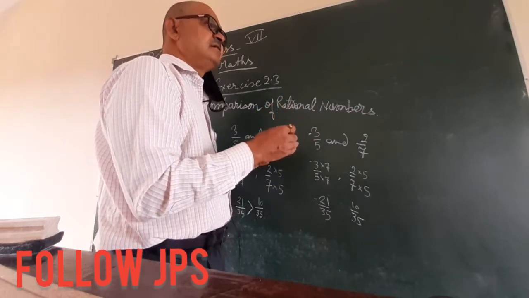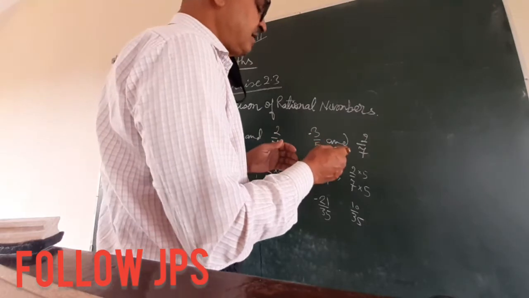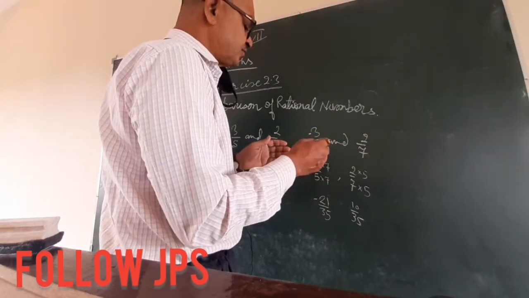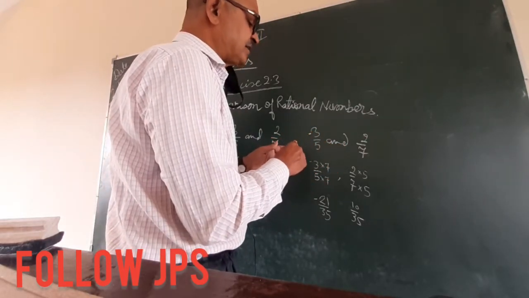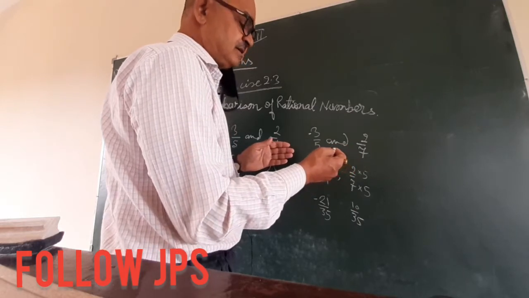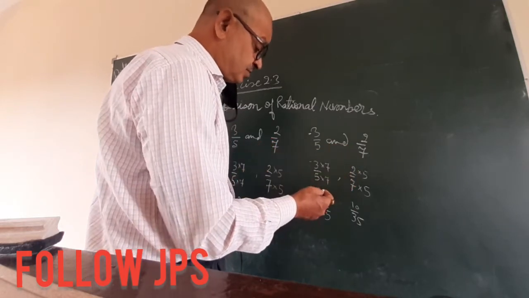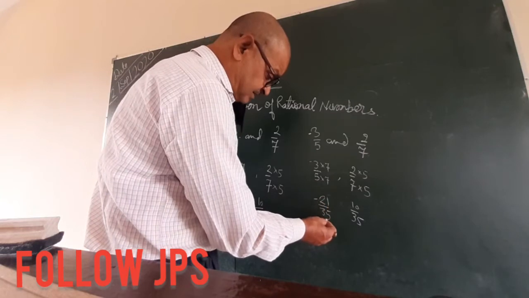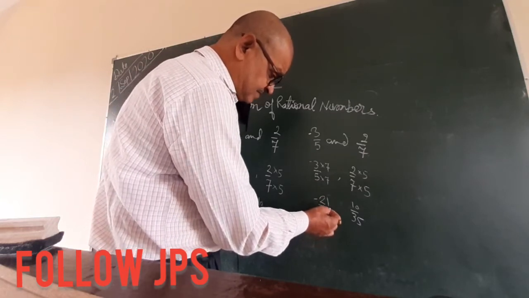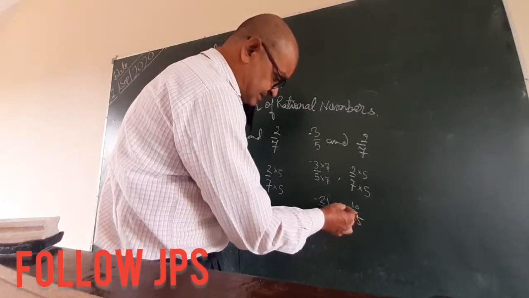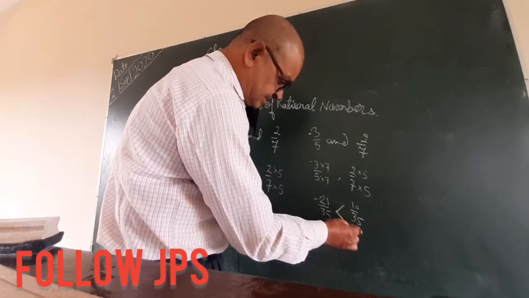There is opposition between the negative fraction and the positive fraction. So -21/35 is smaller than +10/35, so we put this sign here.